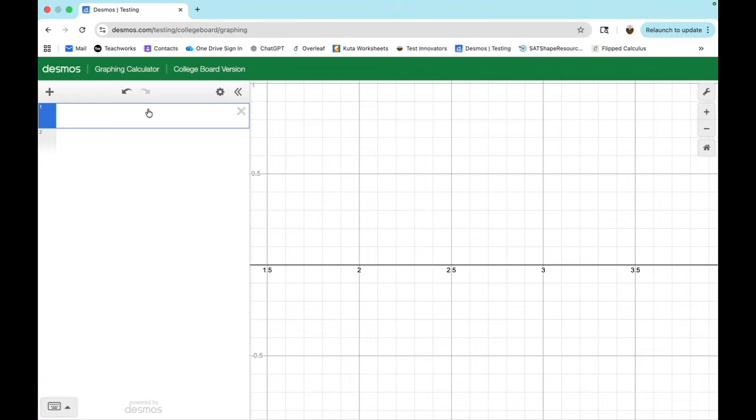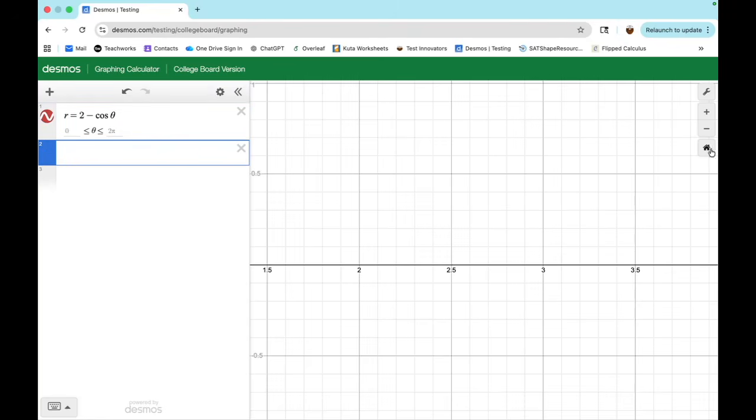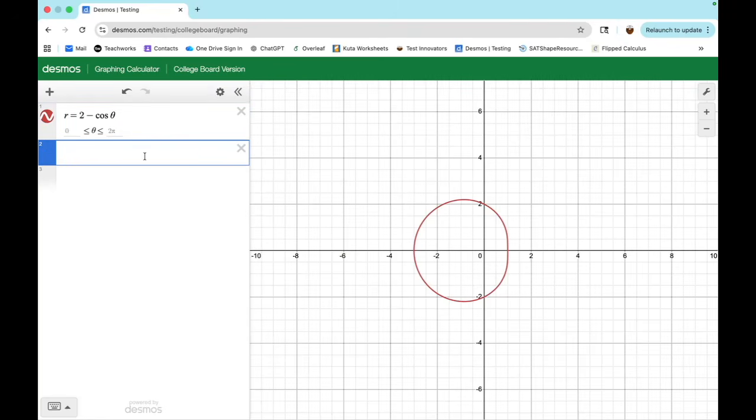So I have r equals 2 minus cosine theta. And then the other one is r equals 1 plus cosine theta. All right.